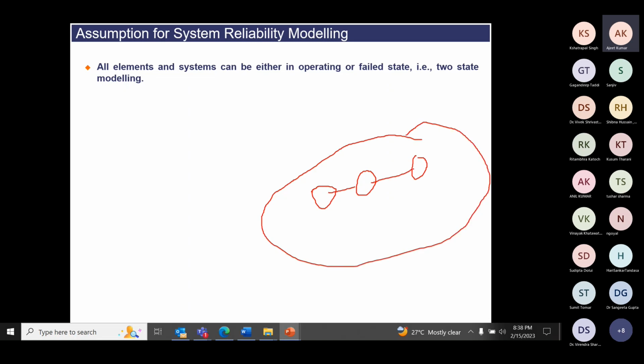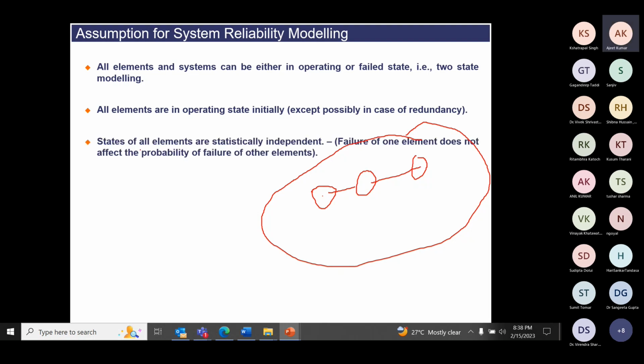All are in series like that. We assume that each element is either working or not working. That's all. So this is the two-state model assumption. Second, all elements are initially in the operating state. Third, the states of all elements are statistically independent. It means if this fails, it doesn't mean it depends on that one. All are independent items. So we have some assumptions.